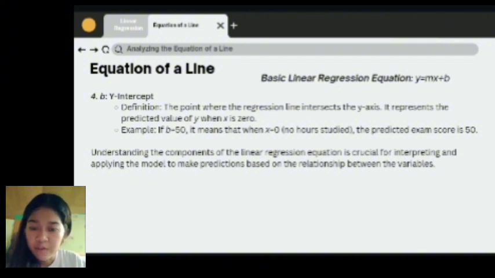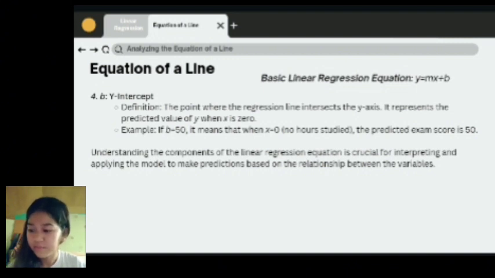For example, if b equals 50, it means that when x equals 0, no hours studied, the predicted exam score is 50. Understanding the components of the linear regression equation is crucial for interpreting and applying the model to make predictions based on the relationship between the variables.